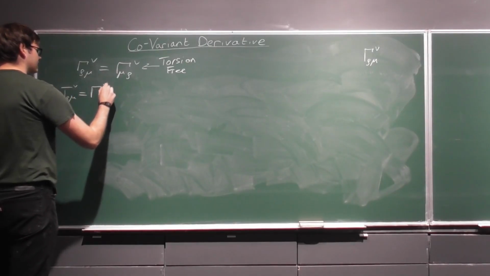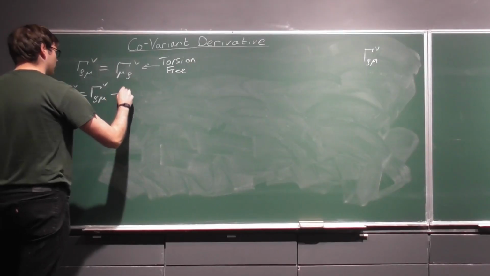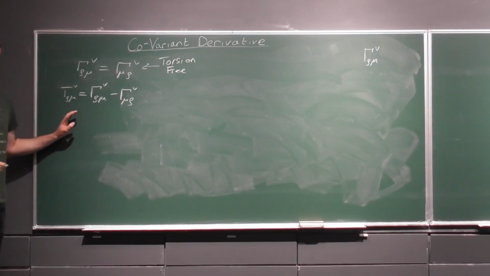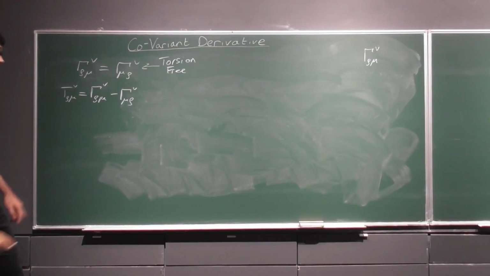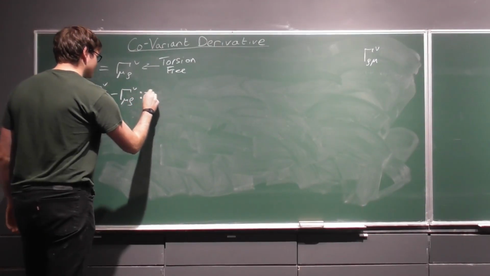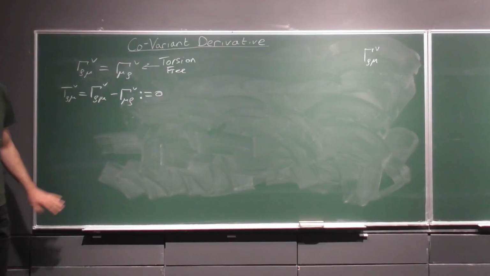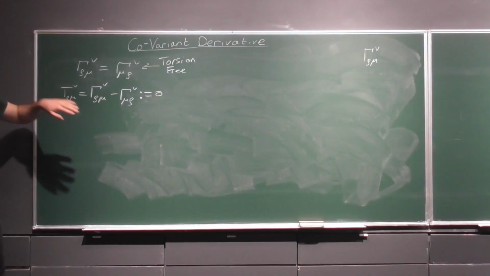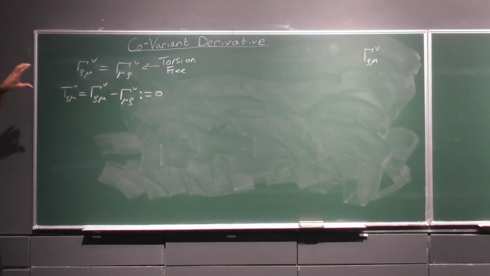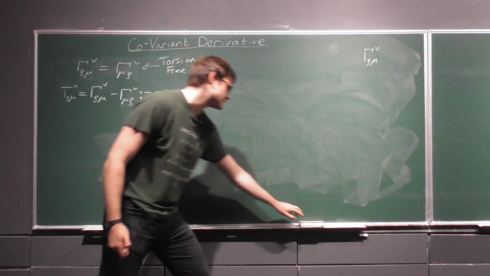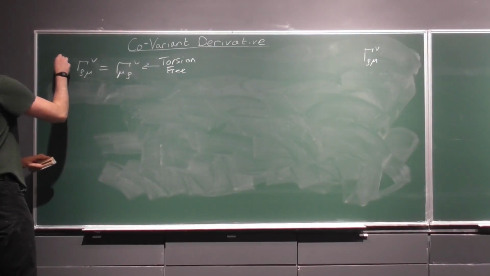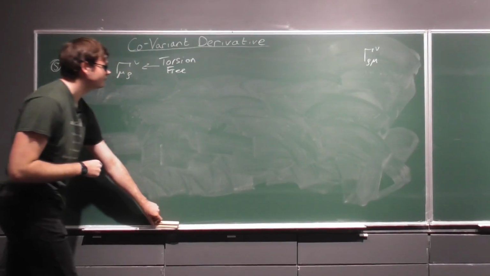So if I take this tensor here minus this, this is a tensor. But I'm going to set this to 0. There are other theories of gravity where this is actually non-zero and has a role to play. But for us, this difference will always be 0. So this is condition 5 for our covariant derivative.